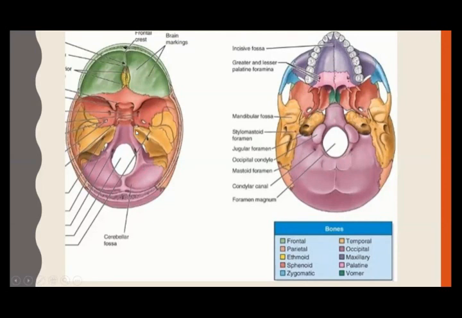Here, at the apex of the petrous temporal bone, this opening you can see is the foramen lacerum. The jugular foramen is here, between the petrous temporal bone and the occipital bone. The jugular foramen would be somewhere over here.